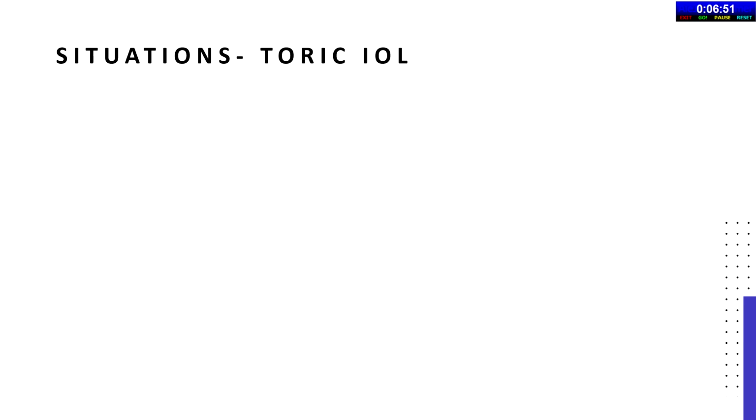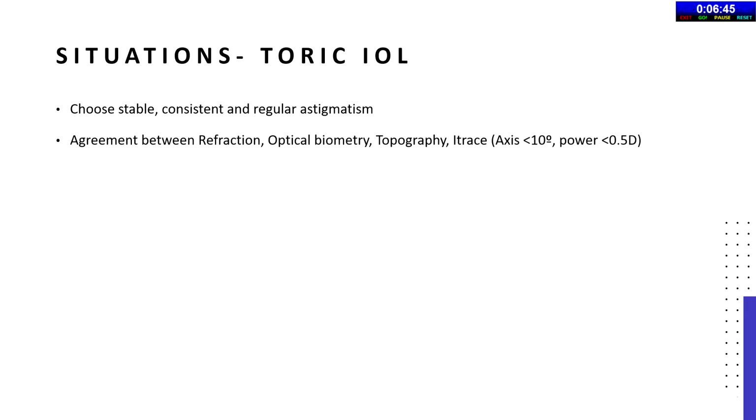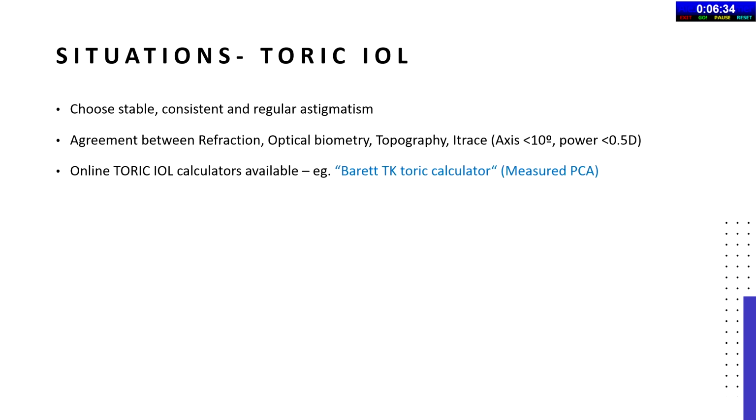over a wide range of axial lengths. In toric IOLs, always choose a stable, consistent, and regular astigmatism in which the cylinder power on the spectacle refraction matches the cylinder on the optical biometer, topography, and also aberrometry device like the EyeTrace.